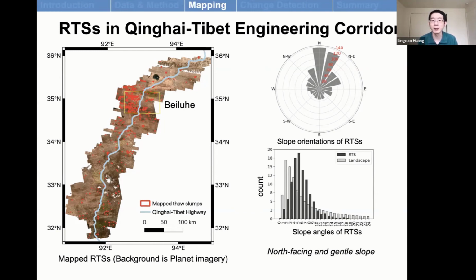So from this observation, one explanation is that the ground ice in permafrost is quite important, a kind of controlling factor of the spatial distribution of these landforms.